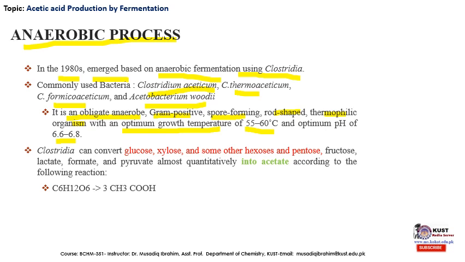Now, the Clostridia genus of bacteria can convert glucose, xylose, and some other hexoses and pentoses, along with fructose, lactate, formate, and pyruvate, almost quantitatively into acetate according to the following reactions. Here you can see that a hexose is being converted into 3 molecules of acetic acid.